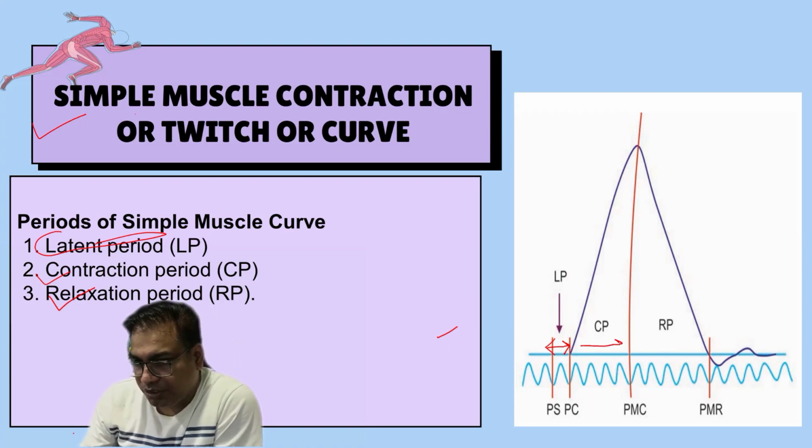This duration is the contraction period, from the point of contraction to the point of maximum contraction. Relaxation period extends from the point of maximum contraction to the point of maximum relaxation. This is the highest point that maximum contraction reaches.